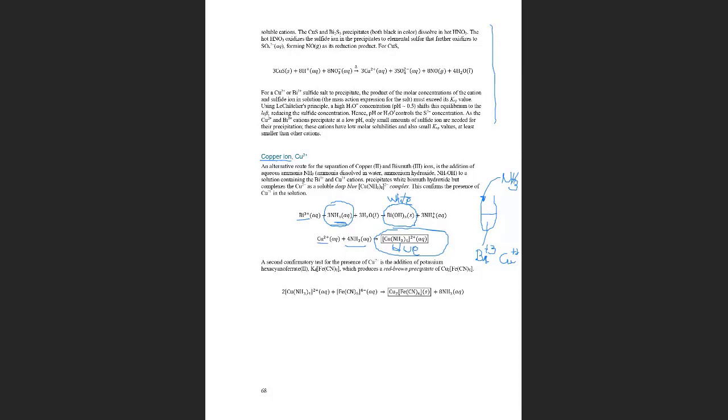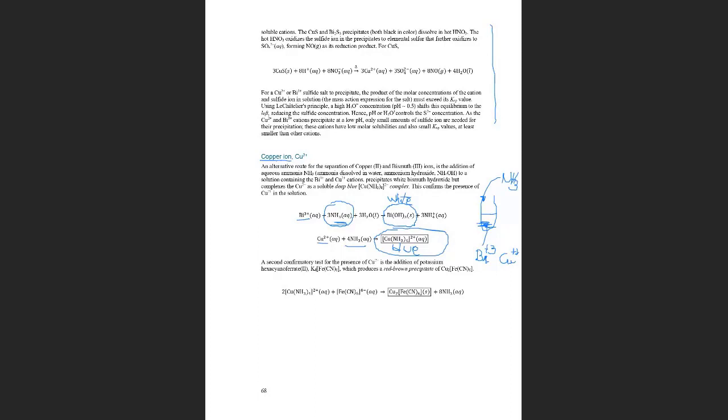So if you have these two, you're going to end up with a white precipitate and here a blue solution. The solution is going to turn blue when you add the ammonia. When you have a solid and a liquid, if you are in the lab, you centrifuge that, and you can separate the solid from the liquid.